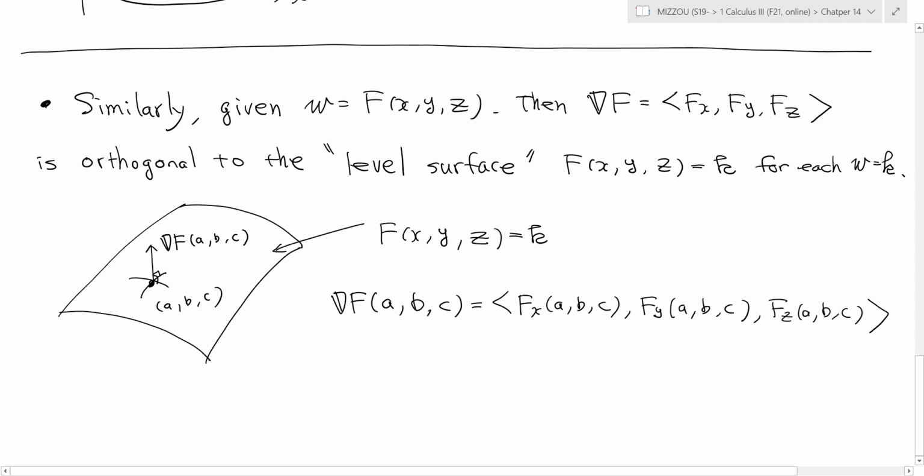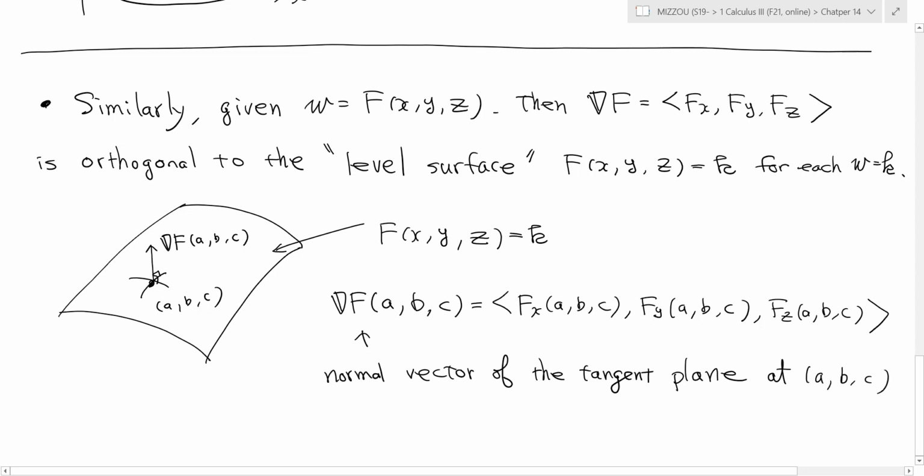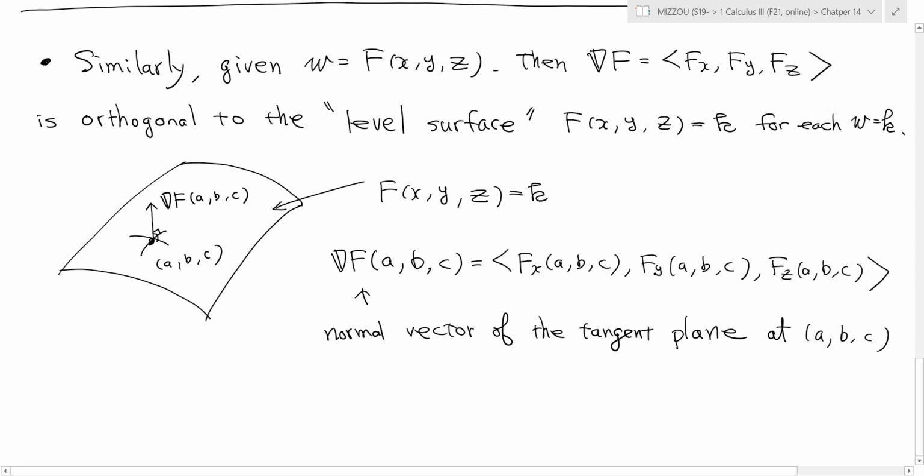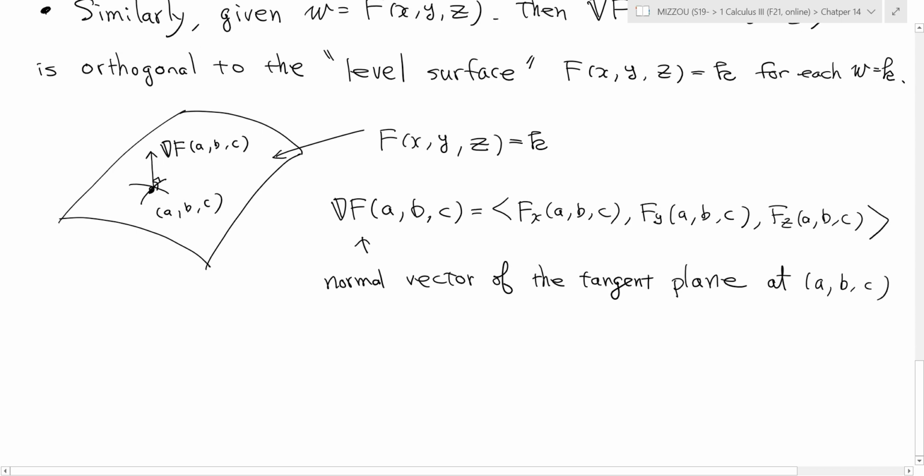Then this is the normal vector of the tangent plane. Remember, we have seen tangent plane before. Now this is another formula for the tangent plane to the surface at this point a, b, c. So therefore, the equation of the tangent plane is written this way.